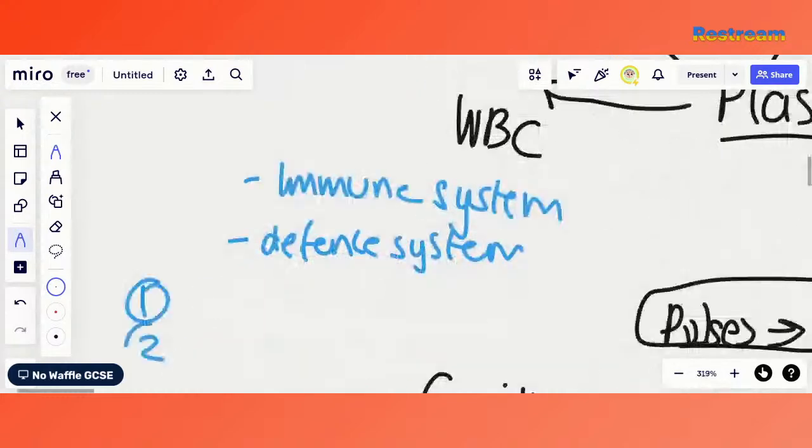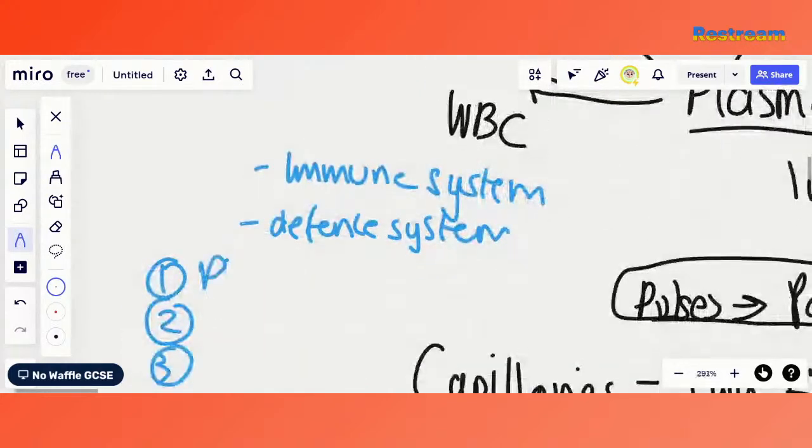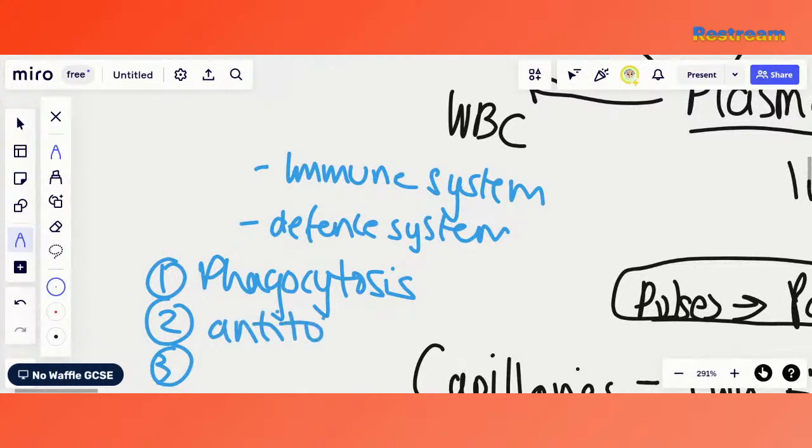So the first function is phagocytosis, which is engulfing a cell, so it engulfs bacteria. The second is producing antitoxins. And toxins are the things that make us feel ill. So the antitoxins form complementary sites to this and therefore bind and destroy it.